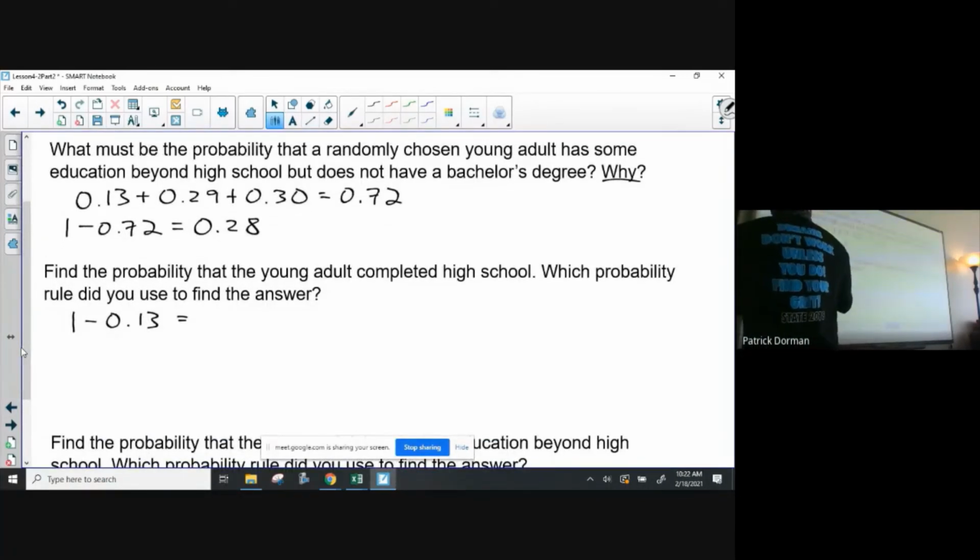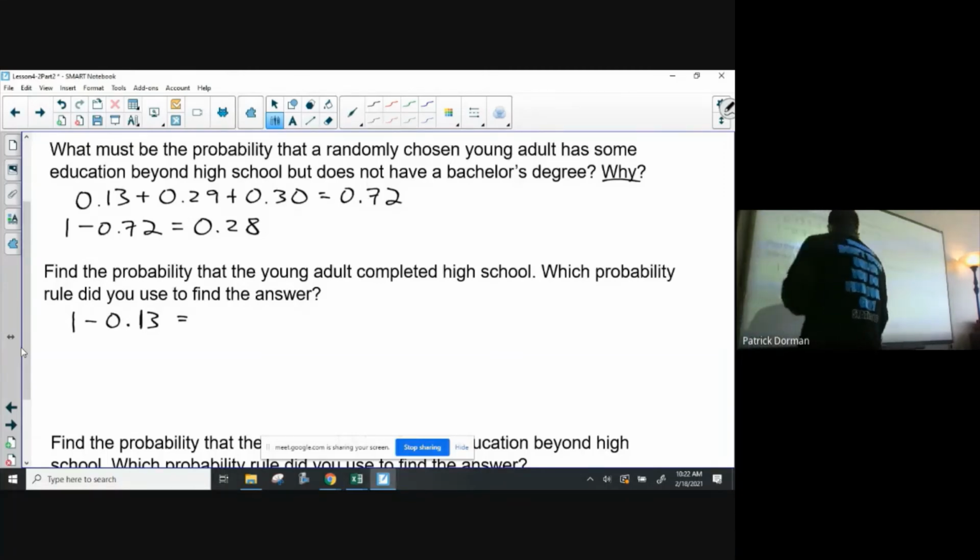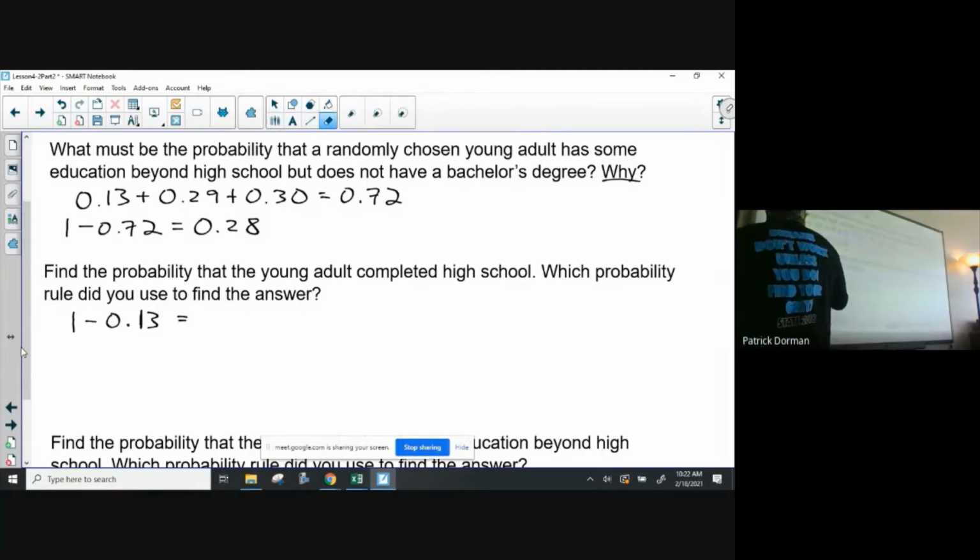I mean, you could do it another way. You could also add up all the probabilities for the people that did complete high school, right? You don't have to do it this way, is what I'm trying to say.